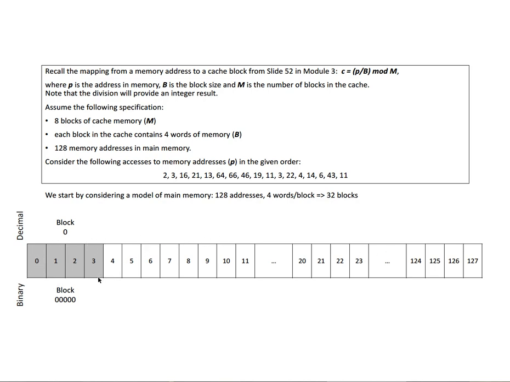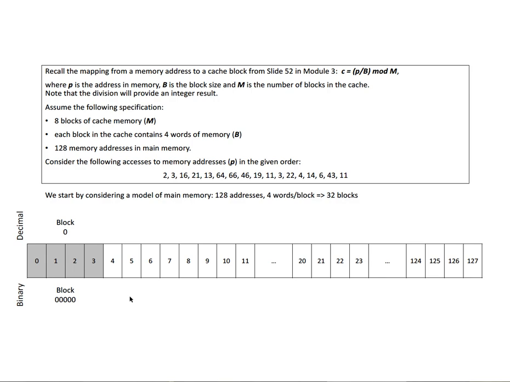So here we have 4 memory addresses clustered together, and they have a single identity that I'm going to refer to as a block ID. I have both the decimal number version and the binary number version of this block ID identified here. I'm going to be working with binary numbers in terms of addresses and caching in the later explanations.